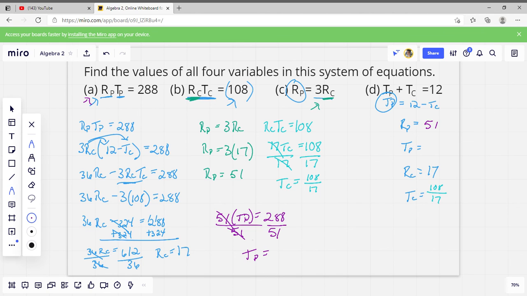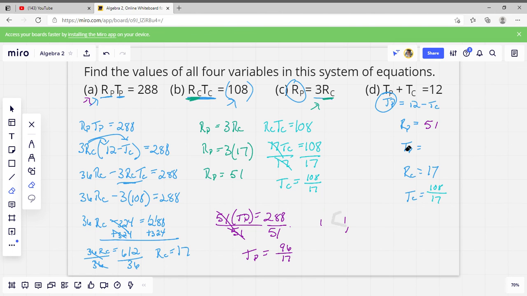Now, the book tells me that the answer is 96 over 17. So I guess we're dividing that by 17. That'd probably be 3. 3 times 17 is 51. Yep.